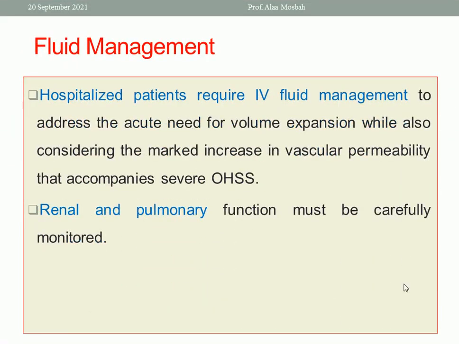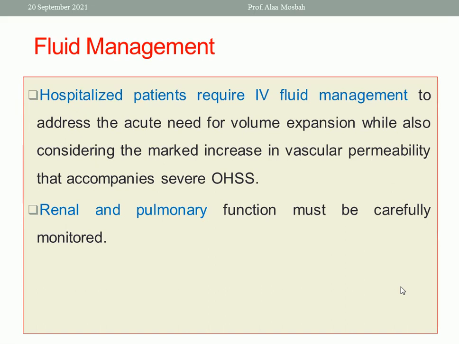What about fluid management? Hospitalized patients require intravenous fluid management to address the acute need for volume expansion. You remember when we said there is hypovolemia, so I want to compensate for that.